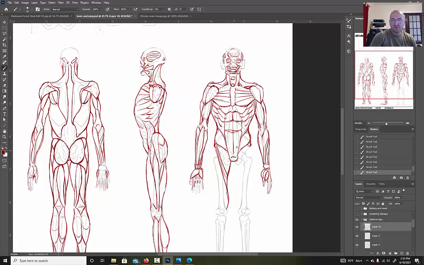So that's where that dip comes from, because you've got your hip flexors in here. You've got your groin muscle that's running in here, and then you've got your quadricep that runs out there.